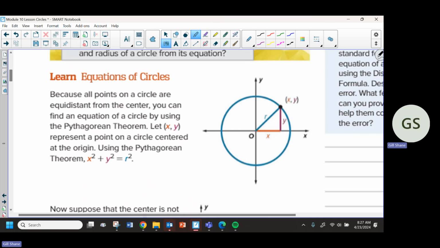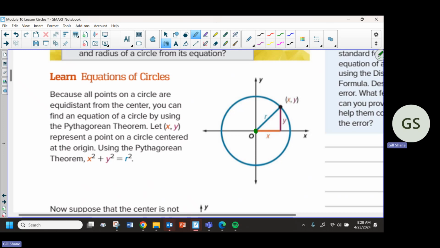from the center. So it is a set of points, so it's not one solid thing. It's a set of all points that are the same distance away from a central point. Every point on that circle is the same distance from that center green point. That's what the radius is.